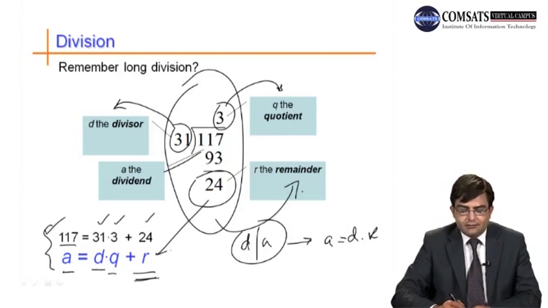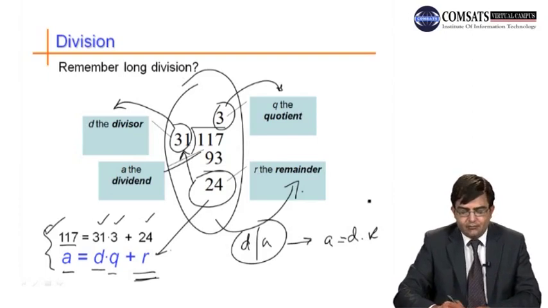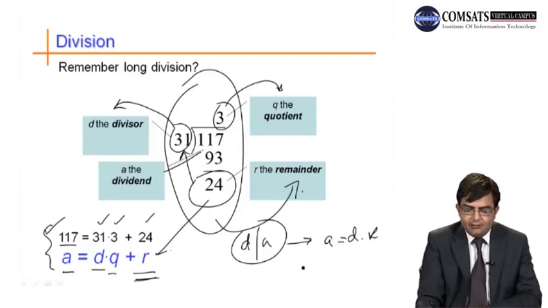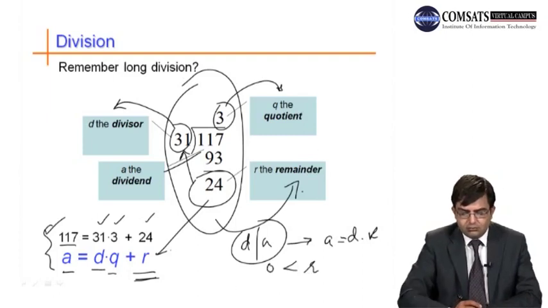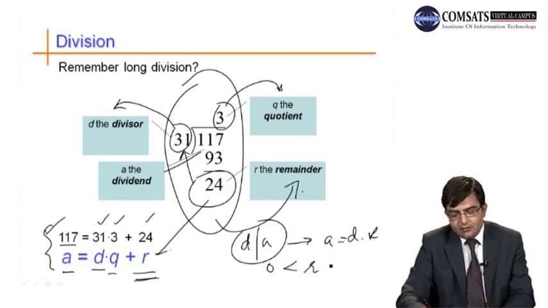We note here that this remainder must be less than the divisor. Here r must be greater than 0, because if r is 0, then d divides a completely. So r must be greater than or equal to 0, and this must be less than the divisor d.